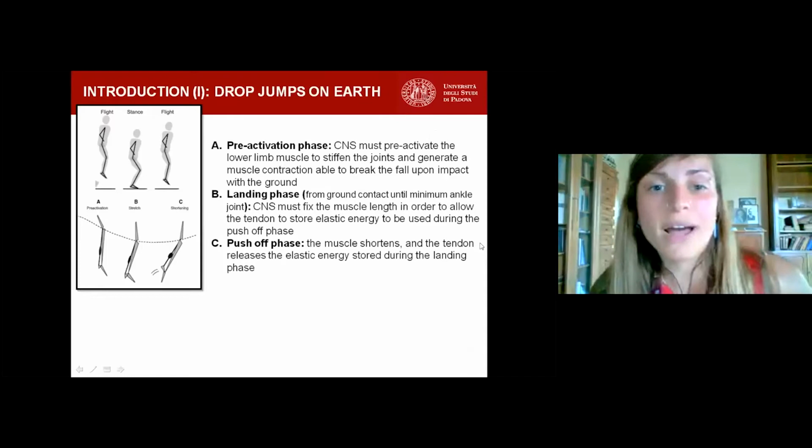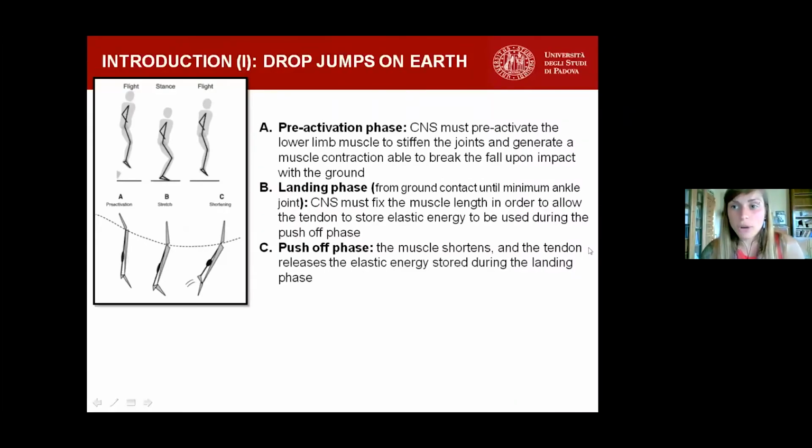So first of all, why did we choose a drop jump to study muscle behavior, and what is a drop jump? A drop jump is performed when a subject falls from a certain height, reaches the ground, and suddenly rebounds to perform a vertical jump. The very short time lag between the landing and the rebounding phases allows the development of a phenomenon called stretch shortening cycle.